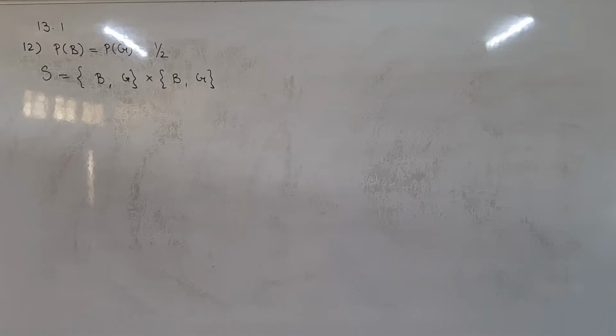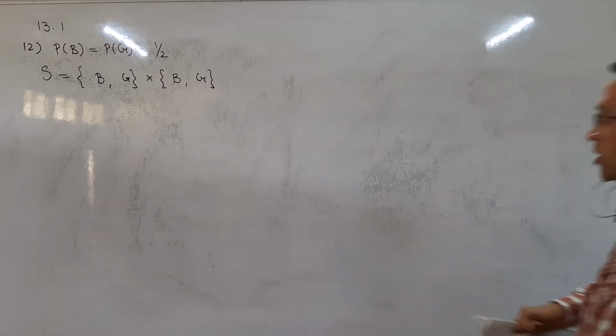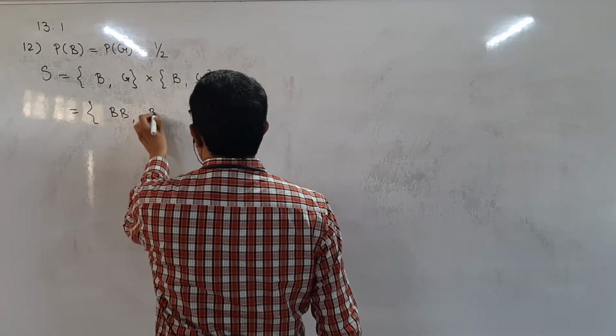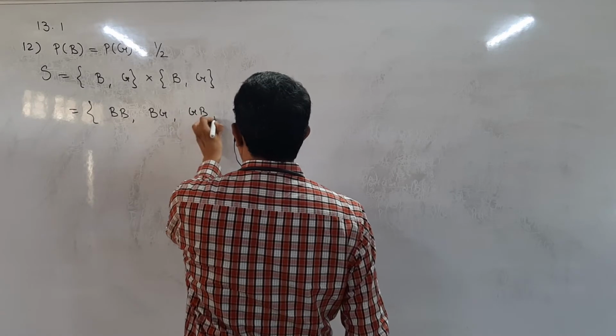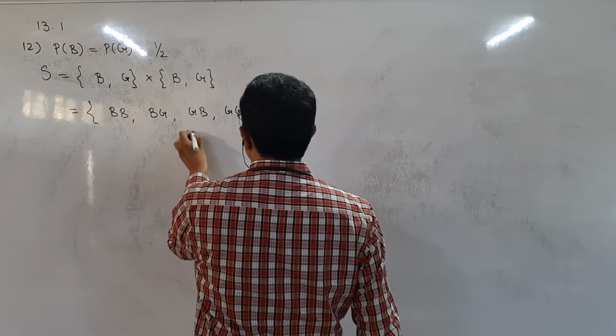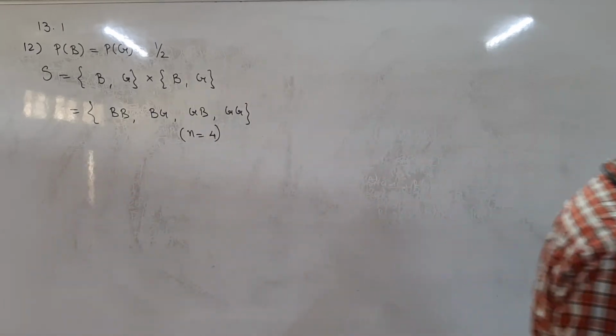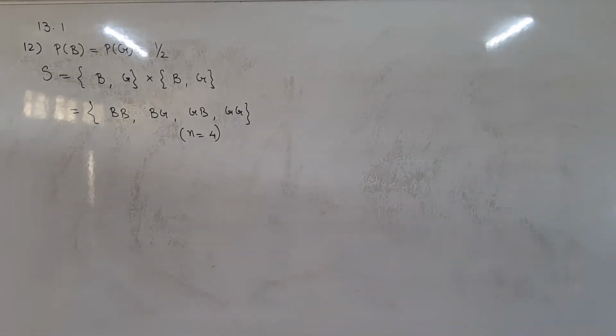In coin also we multiply HT as the number of tosses goes. Same way for children also we multiply BG according to the number of children. So this comes out to be boy and boy, boy and girl, girl and boy, and girl and girl. So students, the total outcomes are 4. So the sample space of 2 children of a family goes in parallel with sample space of tossing a coin.